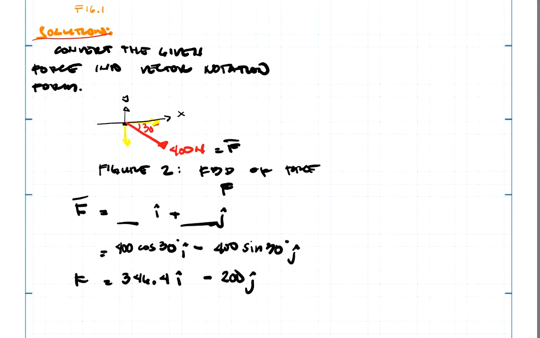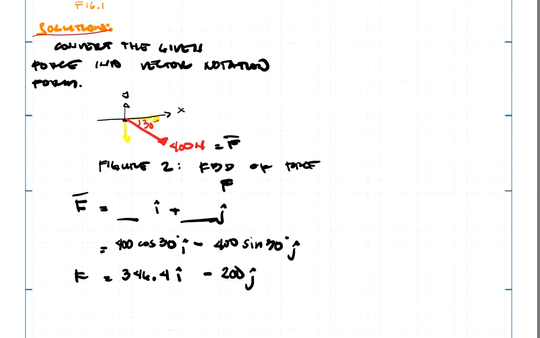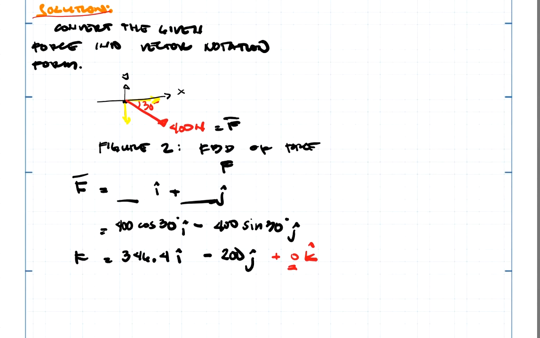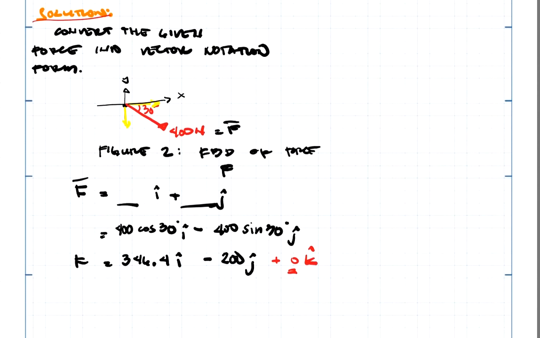Since this is two-dimensional, we only have i and j components, but we can also write the k component, which is just equal to 0, just to complete the given vector.